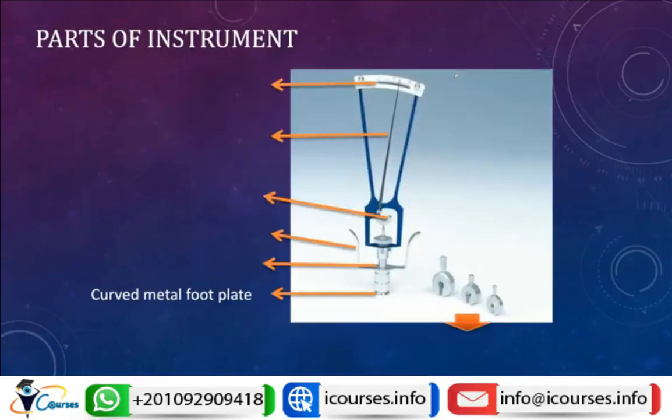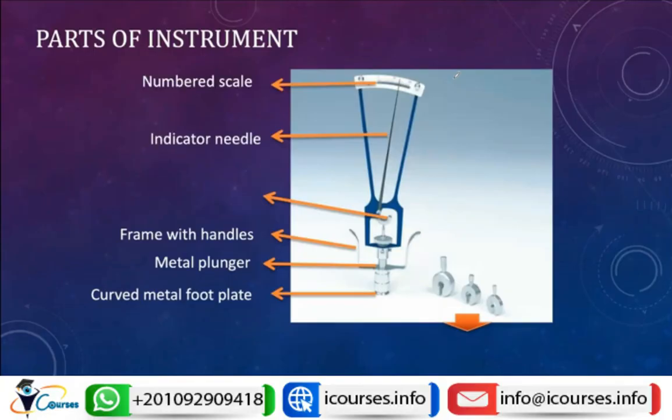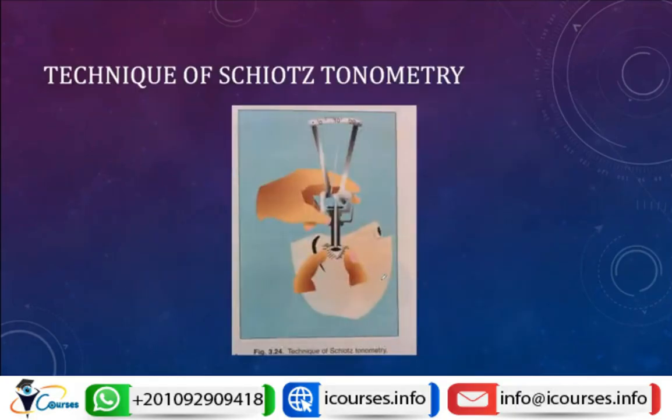So here, this is the curved metal foot, this is the metal plunger, and this is the frame with the handle that we use for holding the device. This is the numerical scale, the indicator needle and the hammer, and these are the weights that are placed here. So these are variable weights.